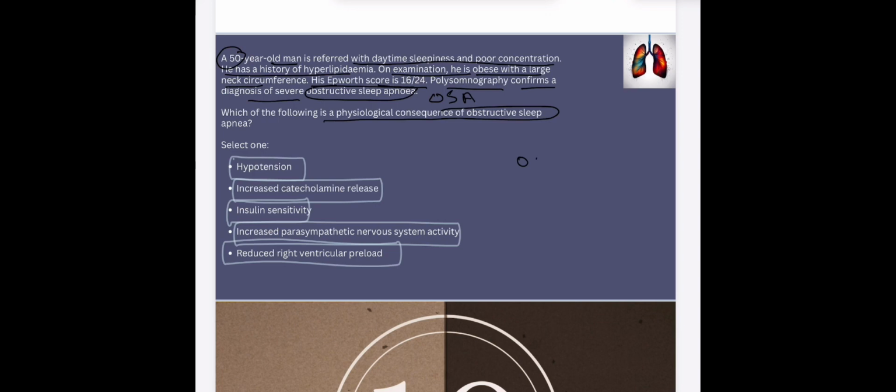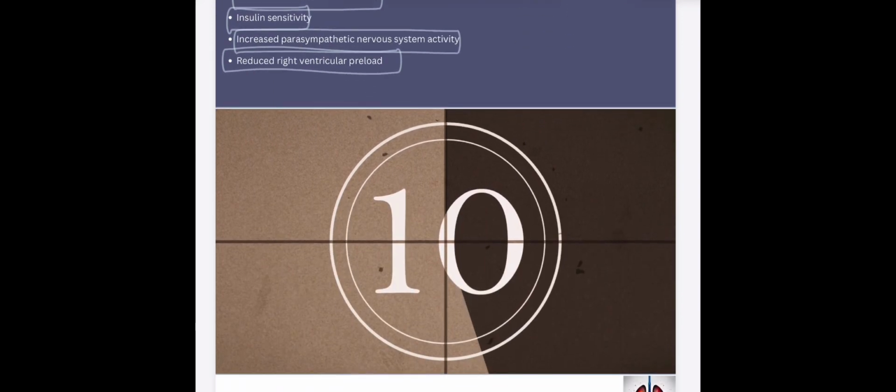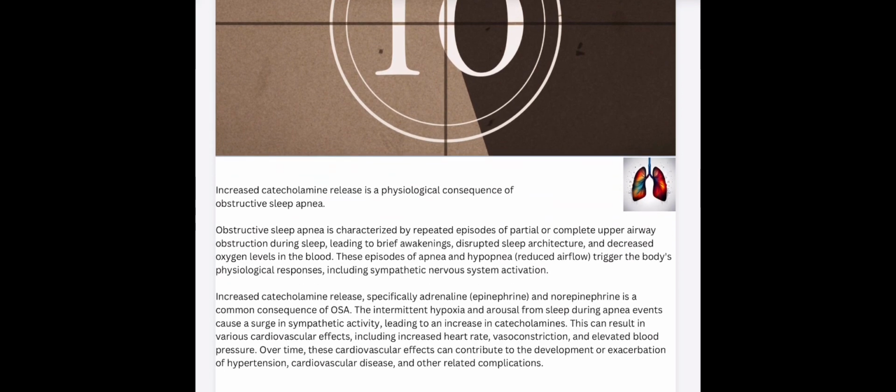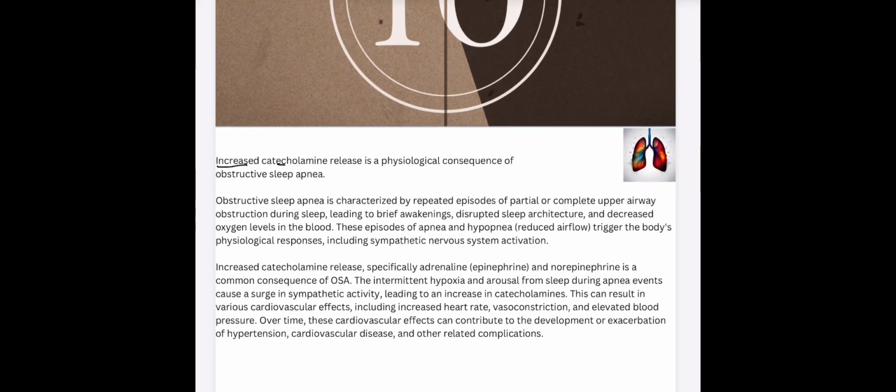Physiological consequence of OSA. And the answer is increased catecholamine release is a physiological consequence of OSA. OSA is characterized by repeated episodes of partial or complete upper airway obstruction during sleep, leading to brief awakening, disrupted sleep architecture, and decreased oxygen levels in the blood.